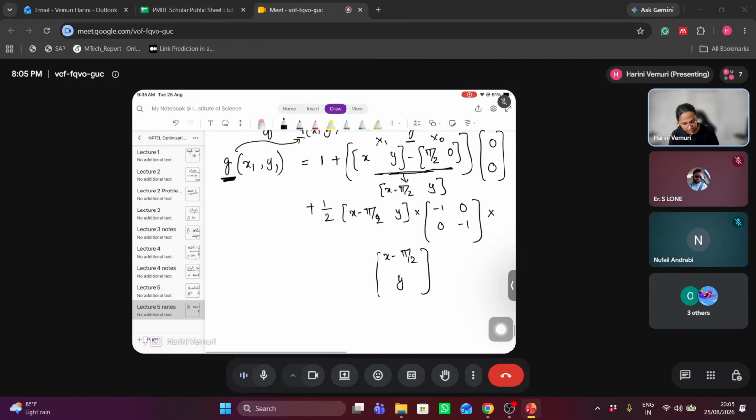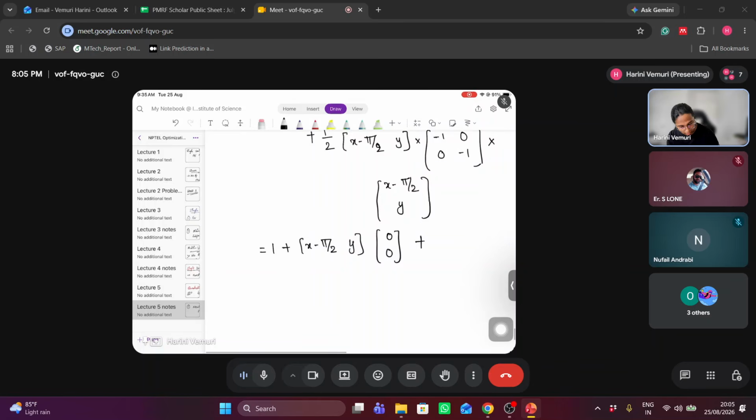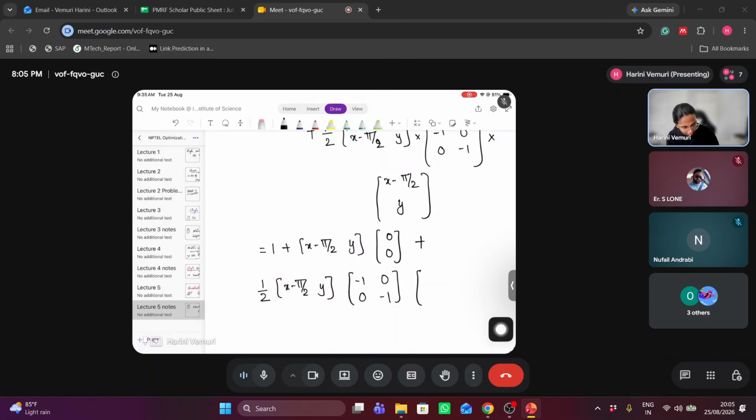So I will write our function clearly: 1 plus x minus pi by 2, y, first order differentiation is 0 comma 0 we got at x naught comma y naught, plus 1 by 2 into x minus x naught into del square of f of x, the Hessian matrix, into x minus x naught transpose. These are just to make the matrix multiplication compatible and ready.